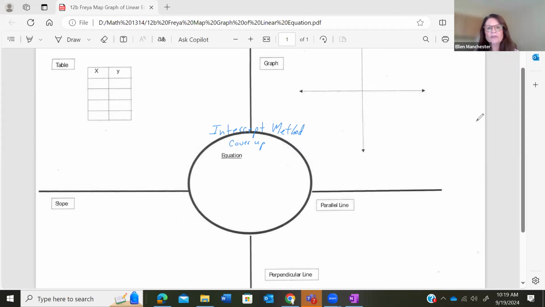Okay, so for those of you on Zoom, this document is in the class in the module, so you can pull that up if you want. I will post this so that you have an example of it, so you can fill one in. All right, so here we go. I am going to give you an equation. The equation is 2x plus 3y equals 6. Put this in the circle.